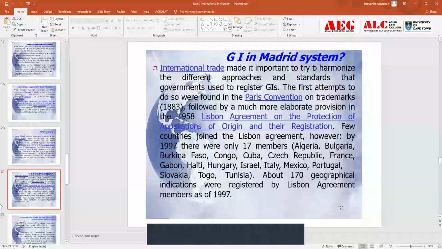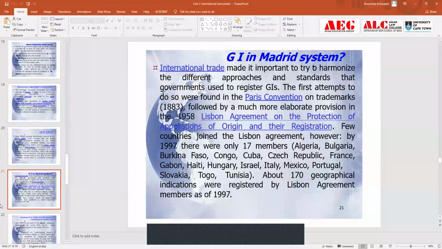The next is GI. GI is known as the geographical indication. The GI was being inserted in the Madrid system. The first attempt was found in the Paris Convention, followed by the elaborate provision in the Lisbon Agreement on Protection of Appellations of Origin and its registration.